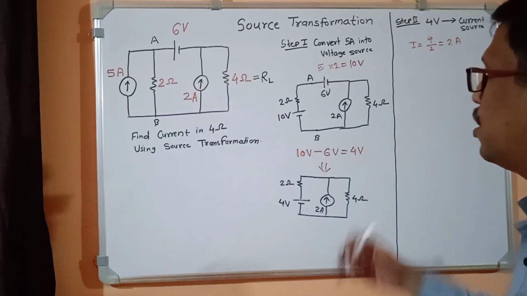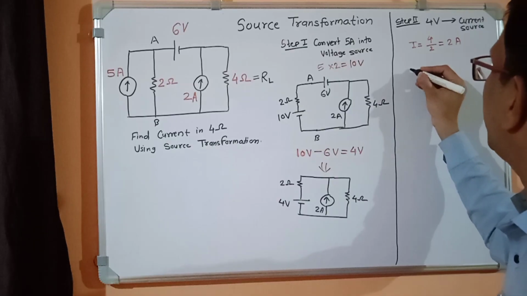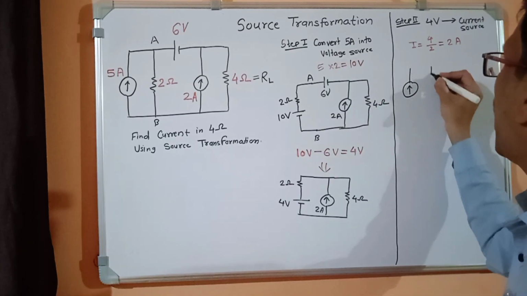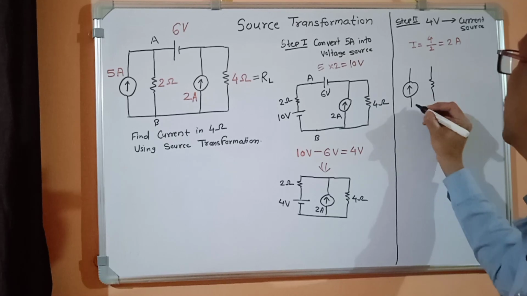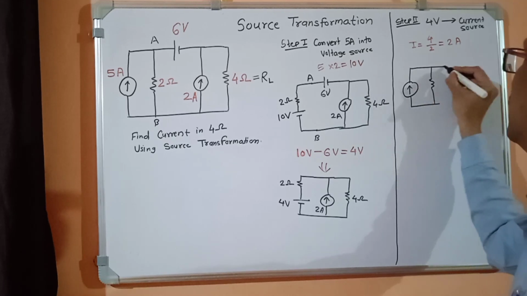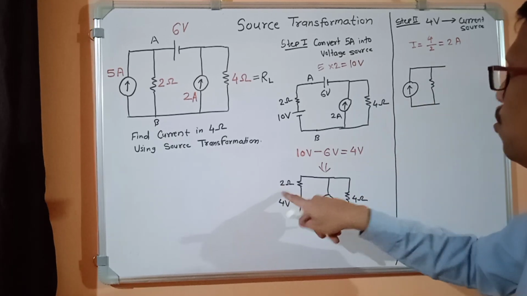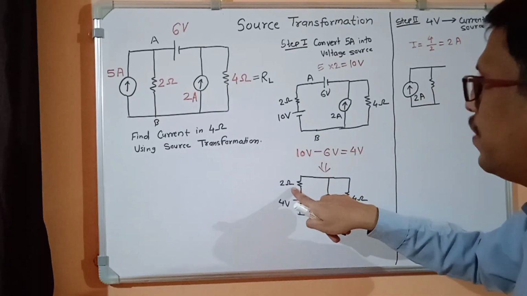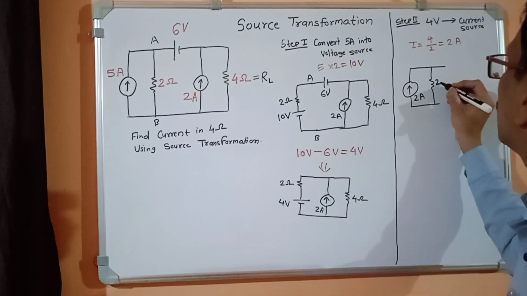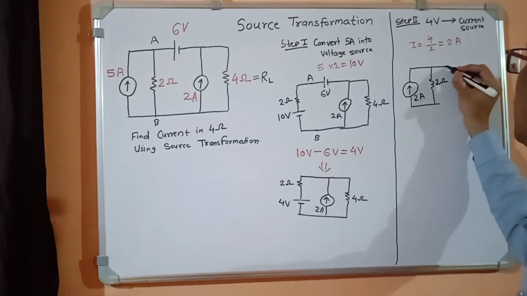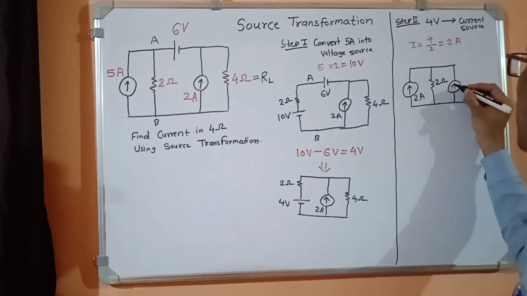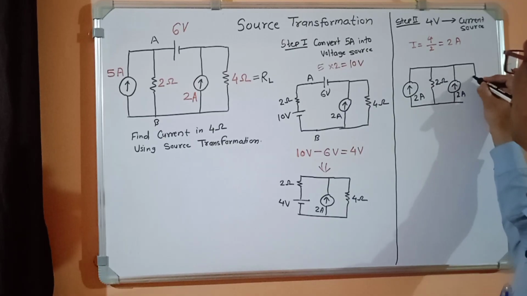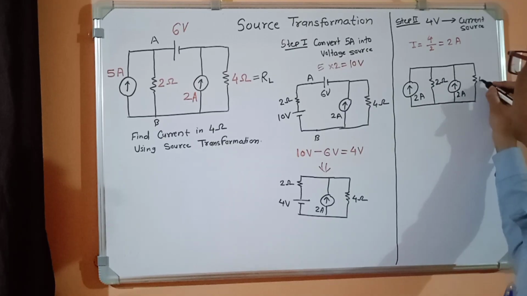In the new figure, I get one current source in parallel with one resistor: 2 ampere in parallel with 2 ohm. This 2 ohm remains as it is. Further we have 2 ampere and this 4 ohm as it is.